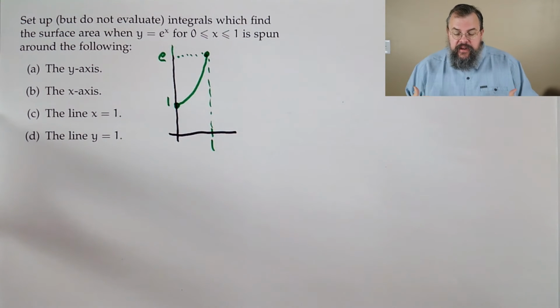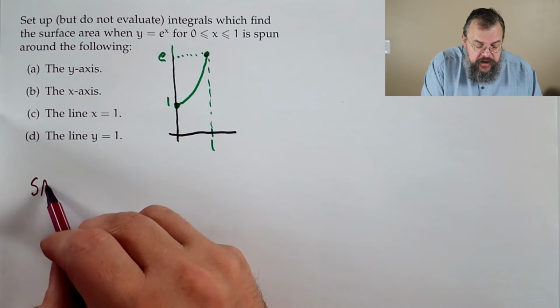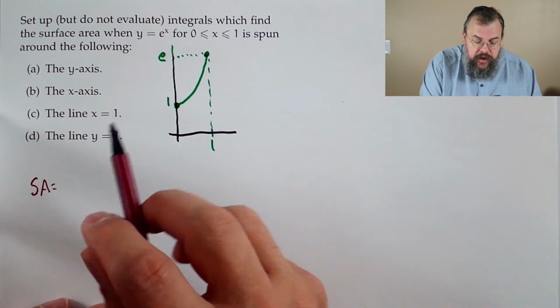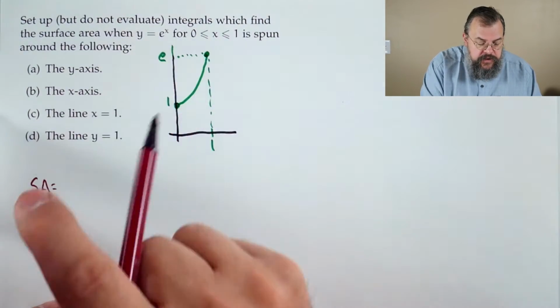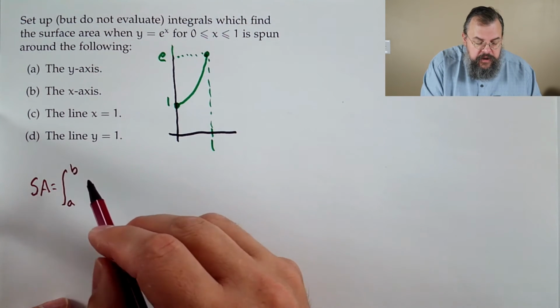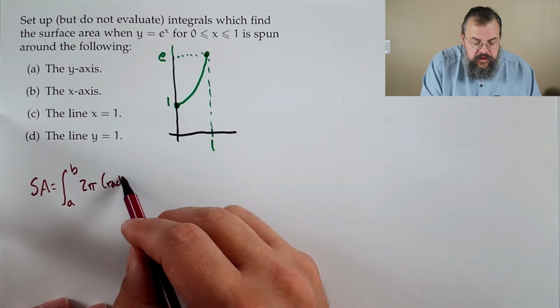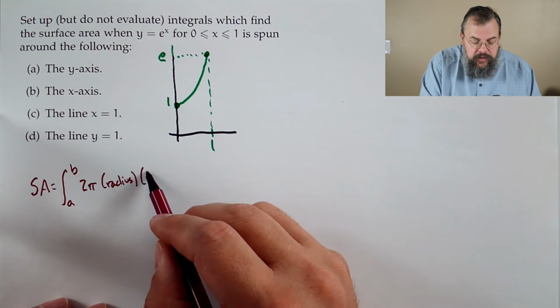Our basic formula is going to be the same all the way through. The surface area is equal to, and notice that we have a function of e to the x, so we're thinking of adding up 2 pi, our radius, and our length.